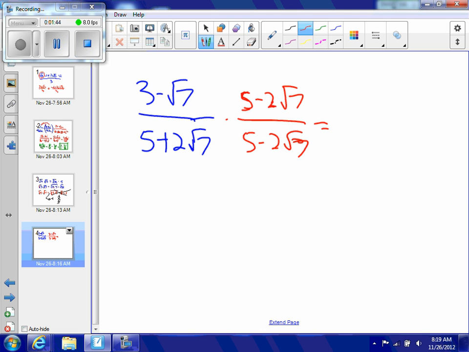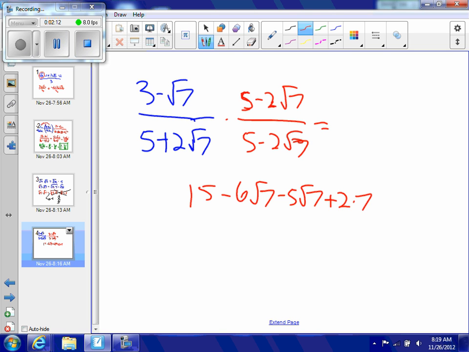So my numerator is going to be 15, then I'm going to go outer, minus 6 radical 7. And then my inner is going to be minus 5 radical 7. And then my last is going to be positive 2 times 7.